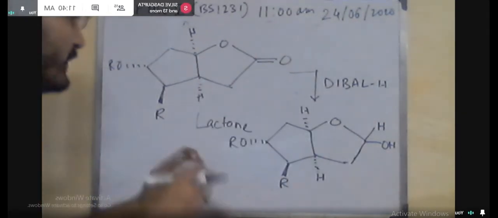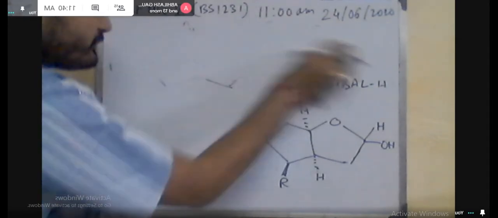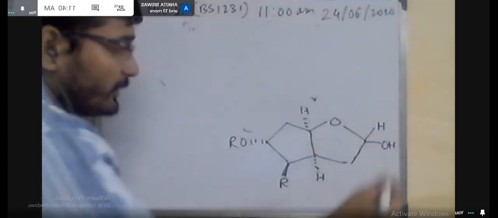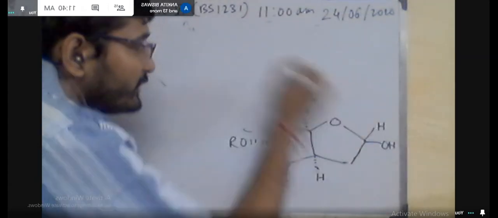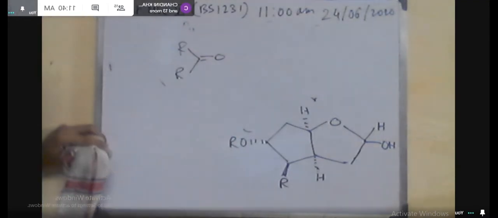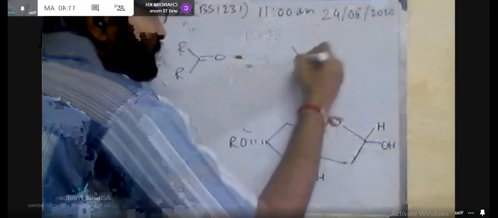Now in this case there will be an equilibrium, that means this will be shifted here and here will be the negative charge. So O minus, and this is the double bond plus hydrogen is there.